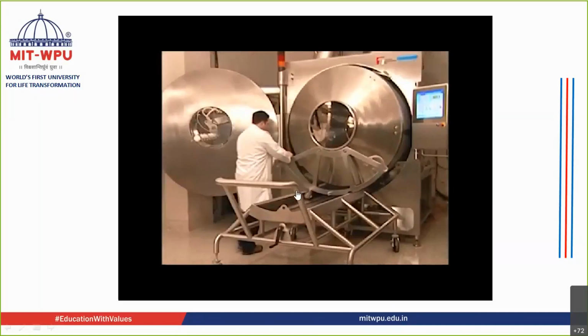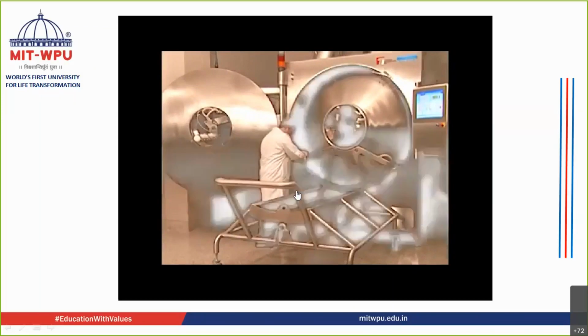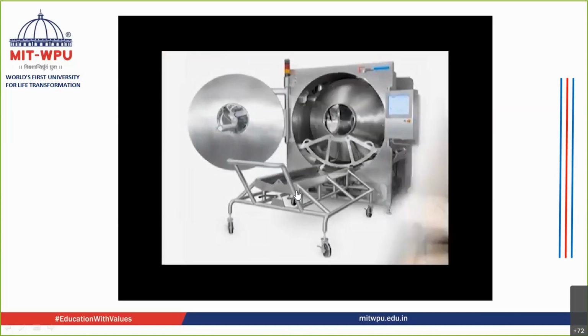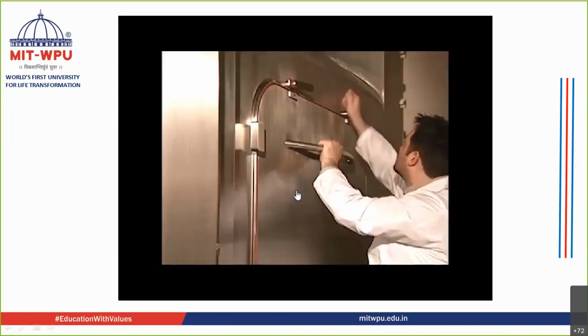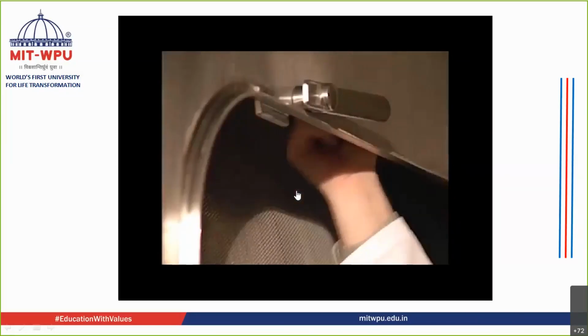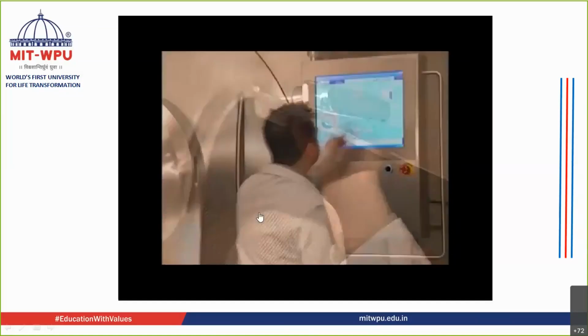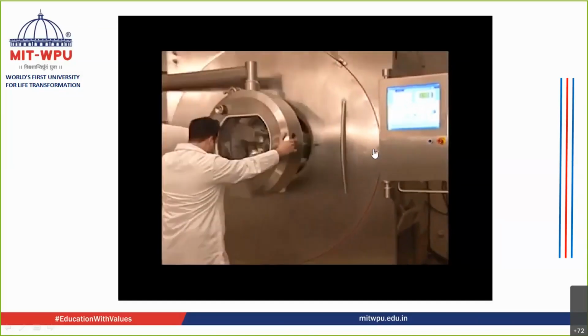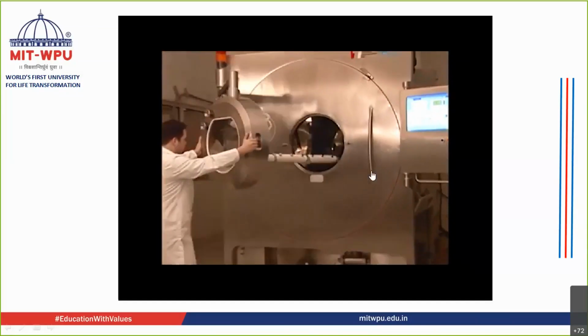So this is the changer of the product. He has removed one pan, having one product, and now he's replaced it with the other pan. So this is the drum exchange process that has taken place. You can see the perforations over here. This is the control panel where he is adjusting all the spray speed, etc. These are the spray guns.